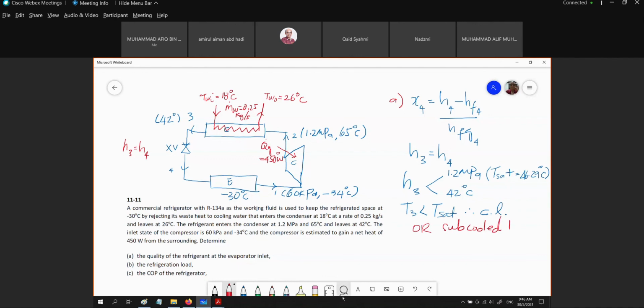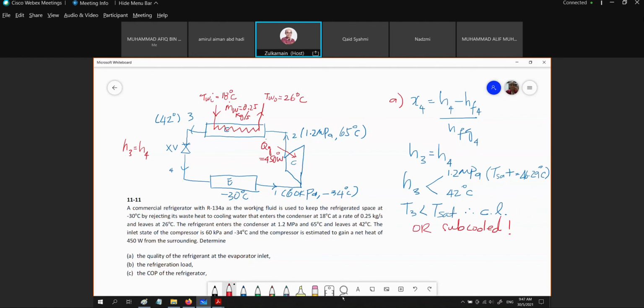You see, this is what we have learned just now. T3 is less than T sat, and T sat is 46 at 1.2. So the whole condenser is working at 1.2 megapascal inlet and outlet, assuming there's no pressure drop. Usually in our heat exchanger, we learn that the inlet and outlet for each flow have the same pressure. So T3 is less than T sat at 1.2 megapascal, then it's subcooled.